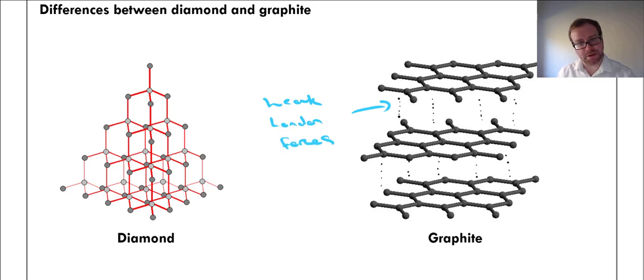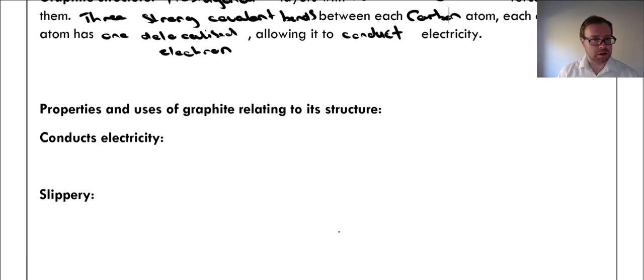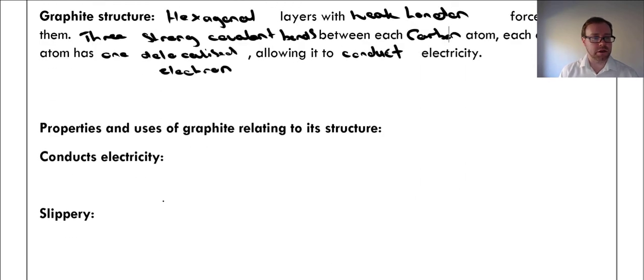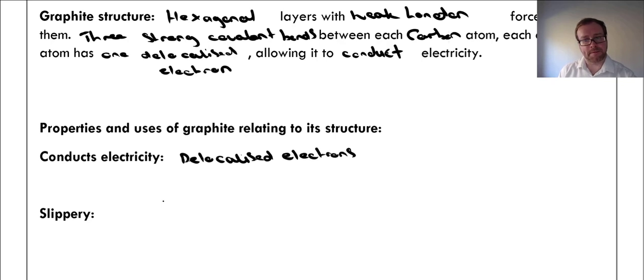Again, if you're not sure about this word London forces, have a look at my video on intermolecular forces. So, properties and uses of graphite related to structure. It conducts electricity. We know it conducts electricity because of the delocalized electrons, which can flow through the structure.